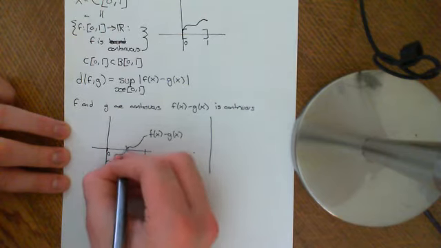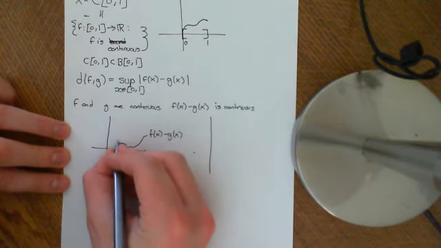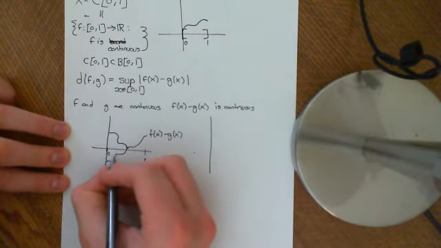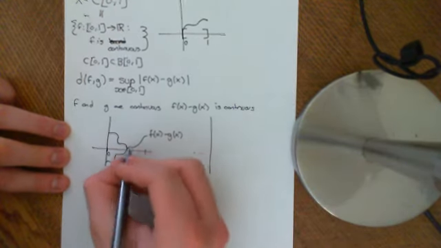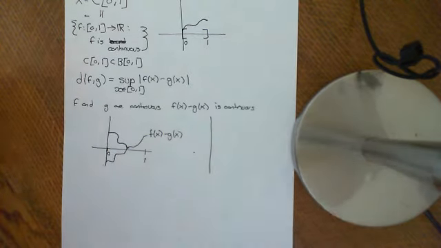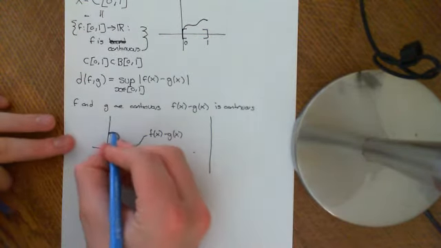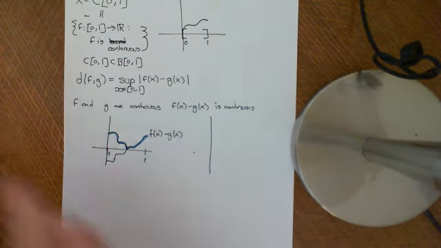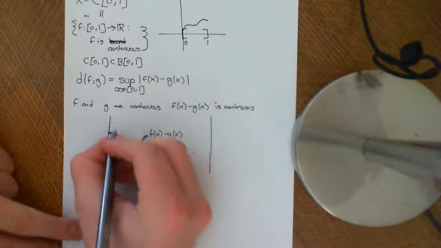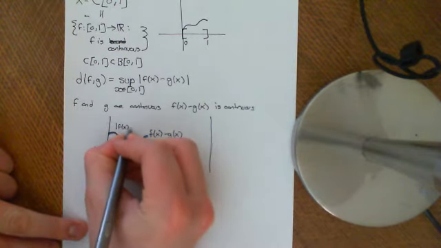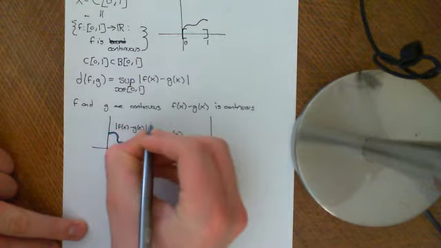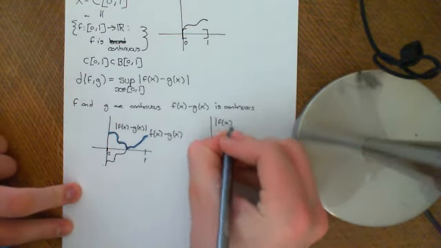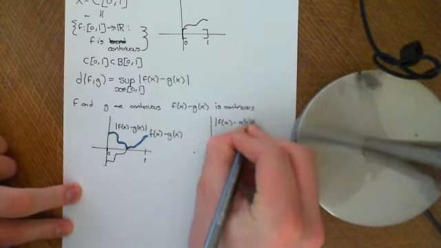It's the bit that's below 0 that flips. So it's going to go something like that, and it's going to flip this negative bit into the positive axis. But the point is that when you take this new function, the modulus of f(x) minus g(x), it will still be continuous, providing the thing that you were taking the modulus of is continuous. So the point is that the modulus of f(x) minus g(x) is continuous.